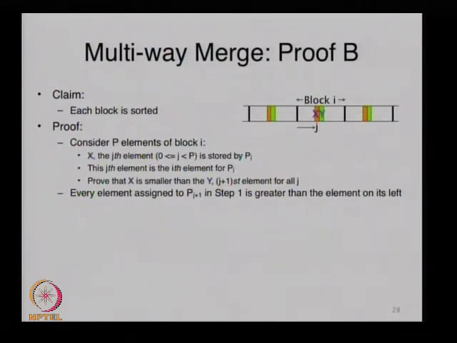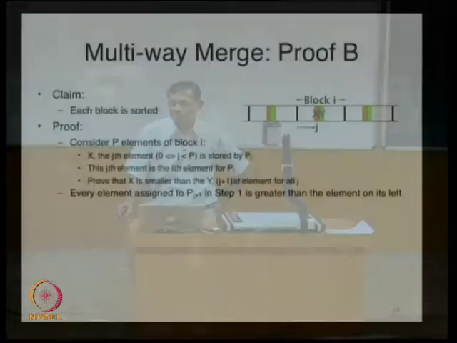No. The numbers of Pj, for example x, have enough numbers to its left. That's the thing I want to prove. And so it goes without saying that every element that was given to Pj plus 1 had a number less than it in Pj. Right? So Pj plus 1 was picking here.